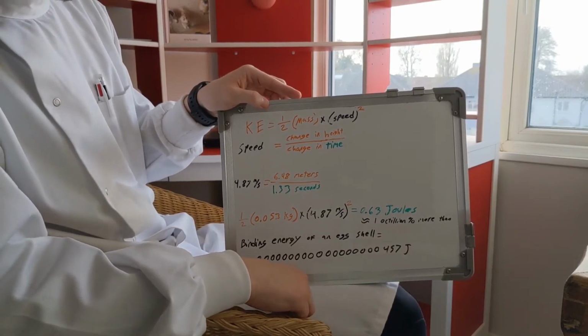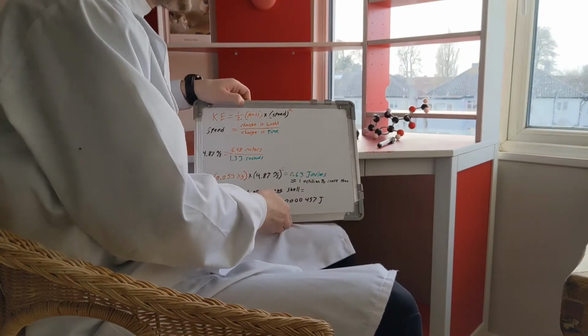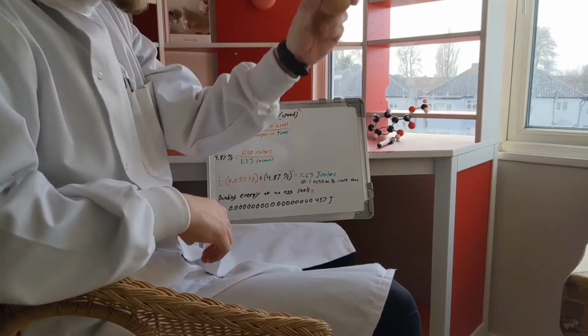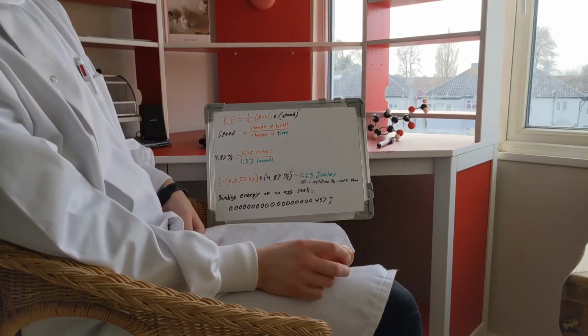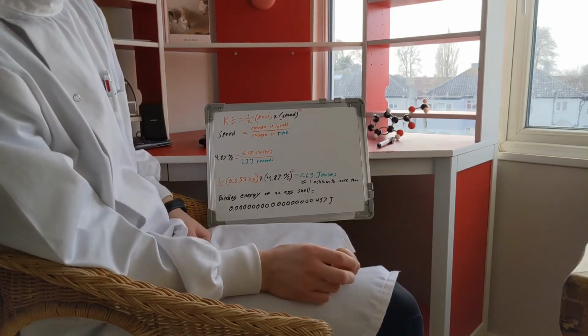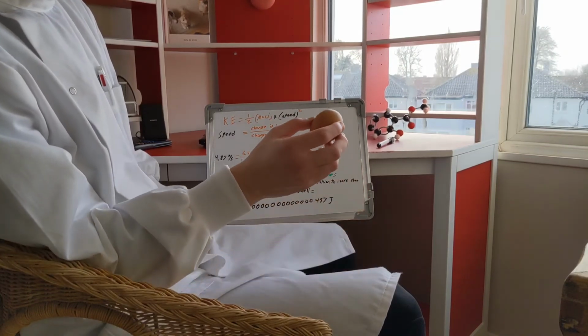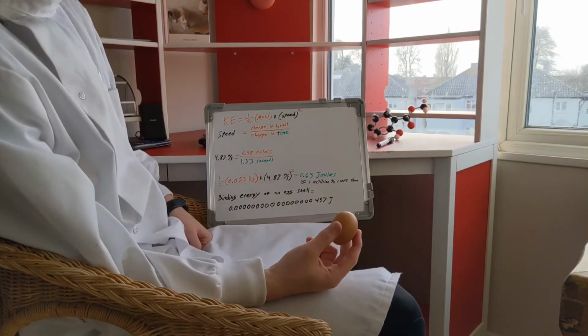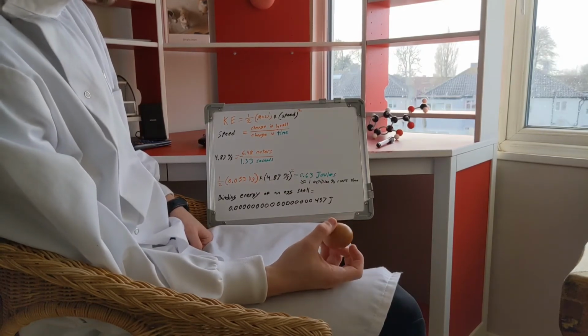So essentially, at the moment that the egg hits the ground, it is going to have 1 octillion percent more energy than the energy holding the eggshell together. So 1 octillion.